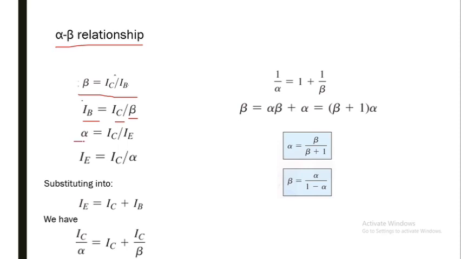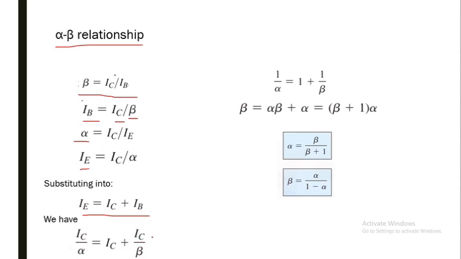And we also know that alpha is equal to IC over IE, and IE is equal to IC by alpha. Substituting these values into this universal equation, instead of IE, you write IC over alpha, and instead of IB, we write IC over beta.